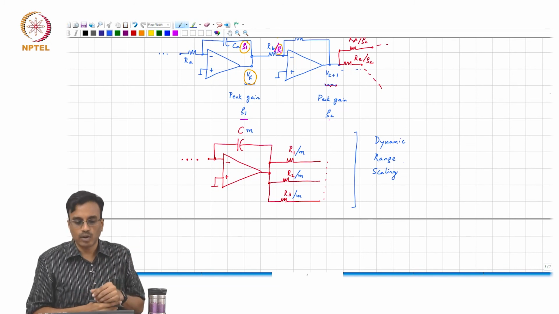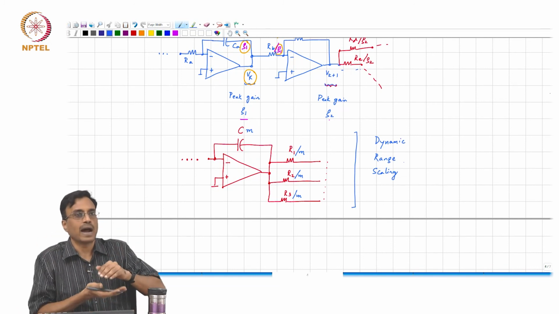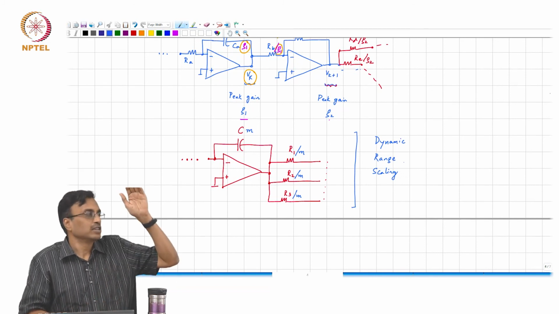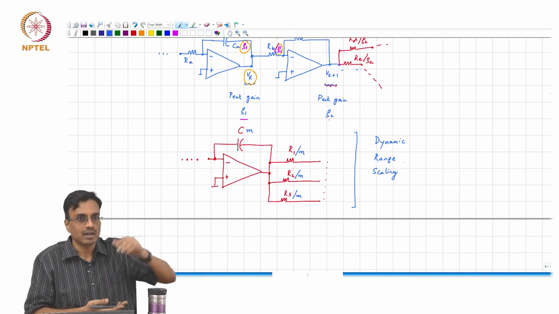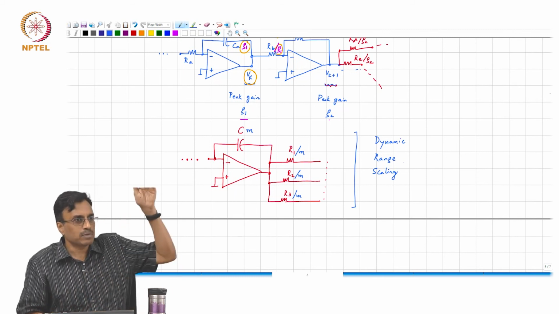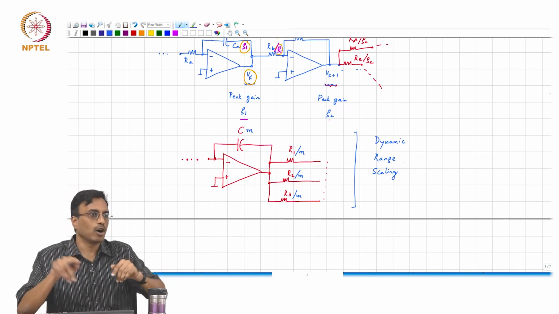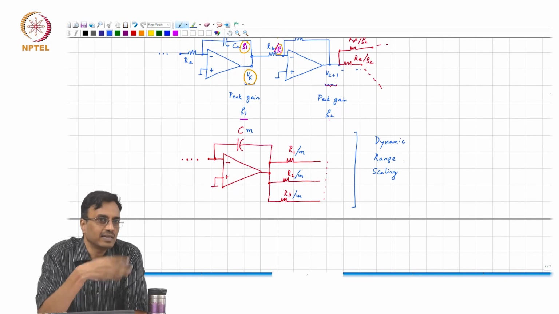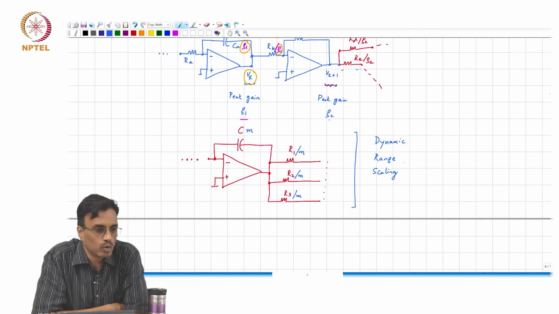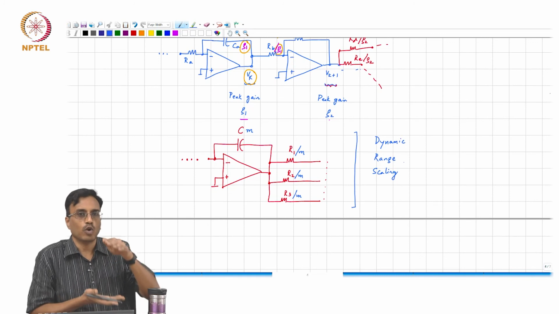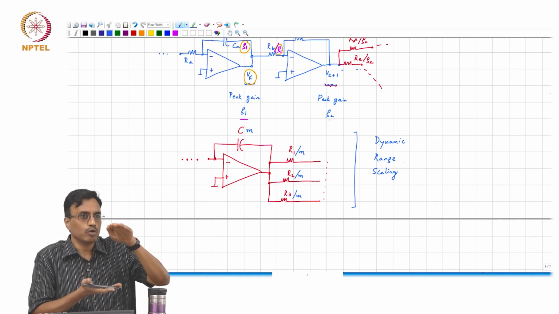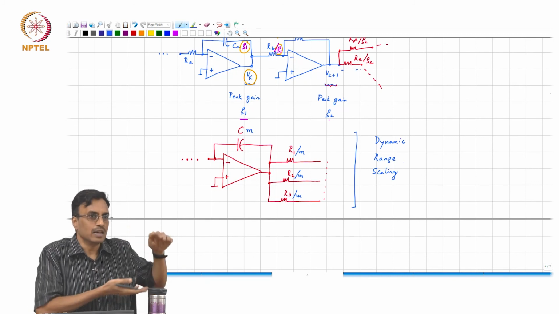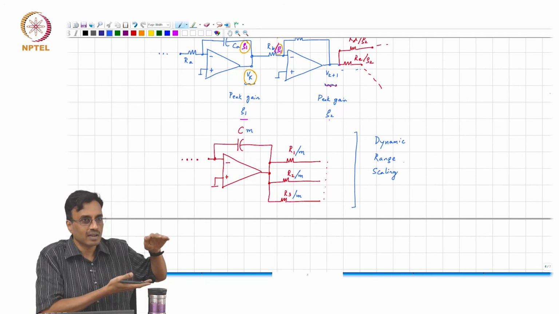one argument is that, oh well, this filter will be able to handle signals that are larger. If the peak swing is 0.1 Vsat, then in principle you can put in 10 times Vsat at the input, and the output at every op amp will then hit Vsat. He says that's a terrible thing to do, because your supplies allow you to swing only between plus minus Vsat. So it's very likely that the input is also restricted to plus minus Vsat.